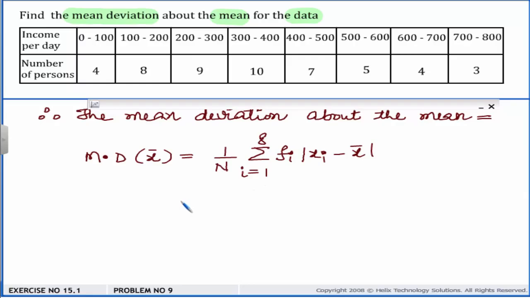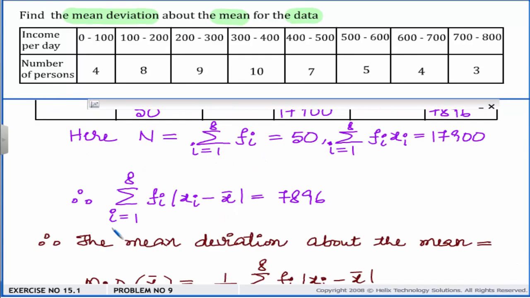Now let us substitute the values in this formula. We have the value of n is 50, so this will be 1 by 50 into 7896. As you can see here, the value of summation Fi into modulus of xi minus x bar, where i equals 1 to 8 is 7896, whereas the value of capital N is 50.